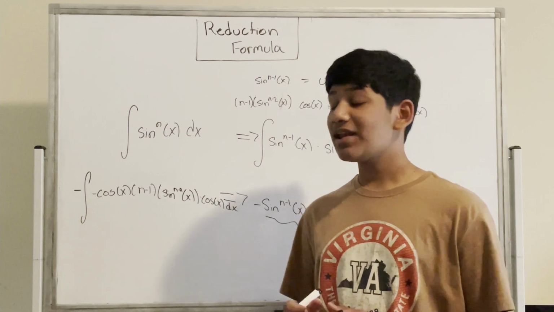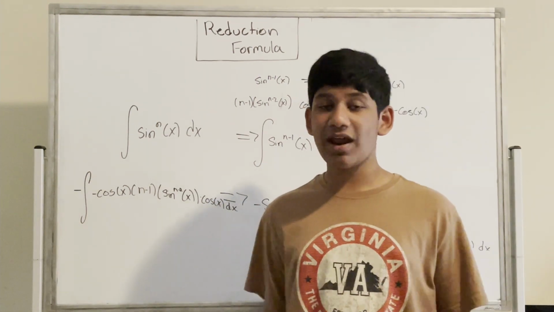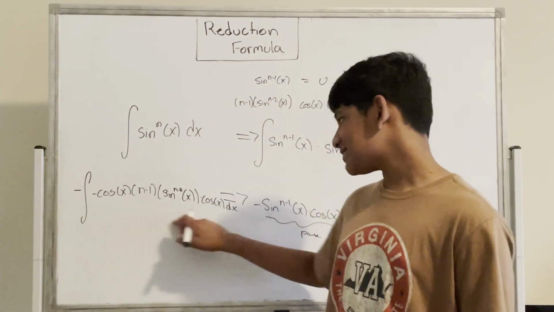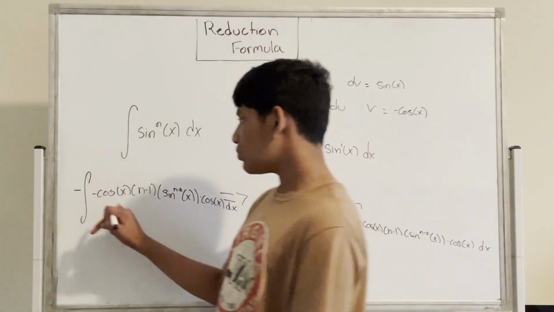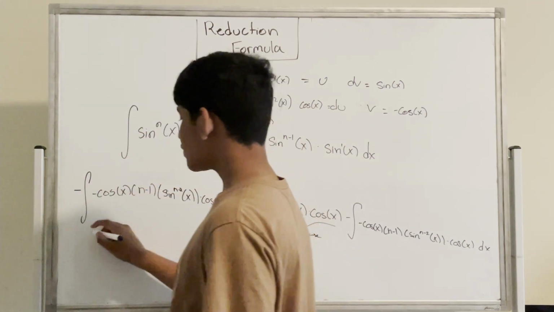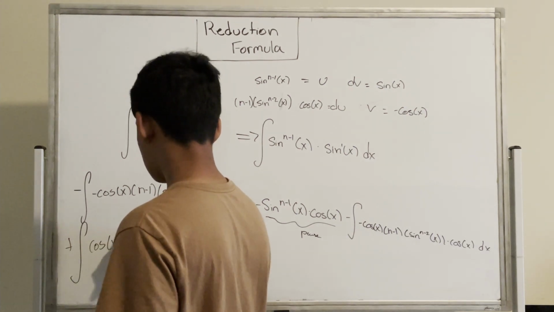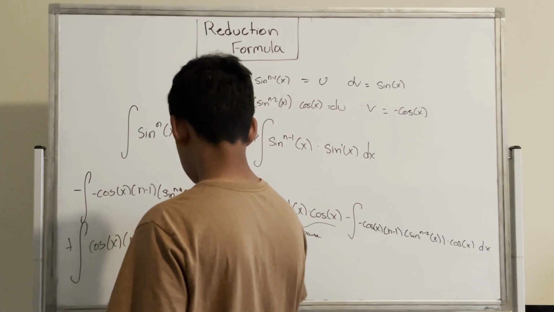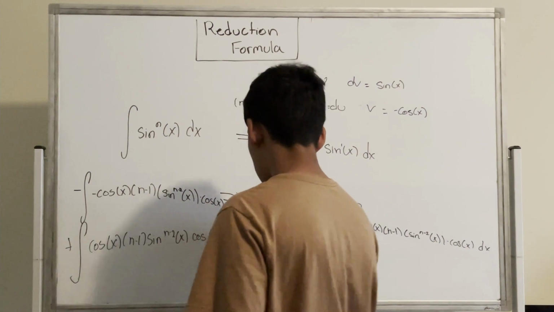I said that if we have any common factor distributed among all terms, we can take that out of the integral. Well, what's a common factor? As you can see, we have a minus sign in front of all of these. Therefore, we can factor out a minus 1. If we do, we get minus 1 times minus. Therefore, this is a positive. So this integral is actually going to be plus the integral of cosine x times n minus 1 sine n minus 2 x times cosine of x dx.